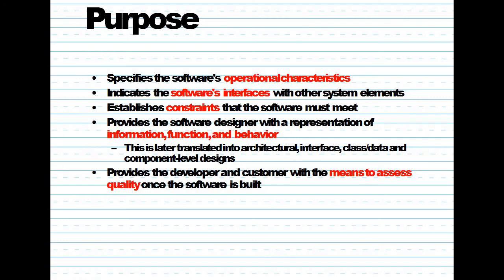The main purpose is to describe operational characteristics, indicate how the software interfaces with other systems, establish constraints that the system must meet, provide software designers with a representation of information, functions and behavior, and provide developers and customers with the means to assess quality once the software is built.